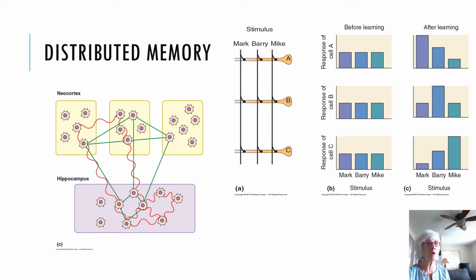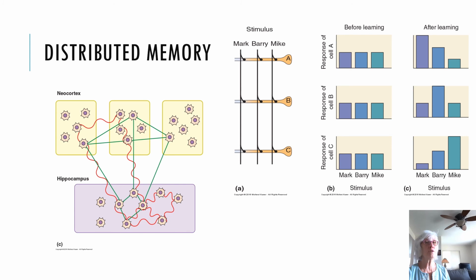So before we know Mark, Barry, and Mike, and we meet them for the first time, we see their faces, we hear their voices, and we don't know who is Mark and who is Barry and who is Mike. So all three of those neurons, A, B, and C, are stimulated to an equivalent level.